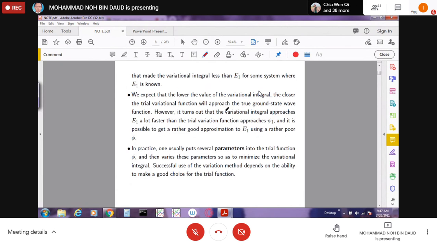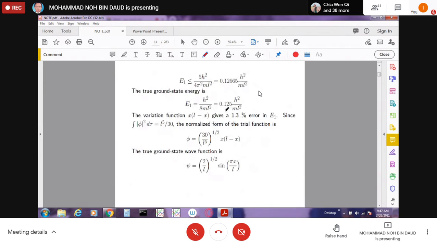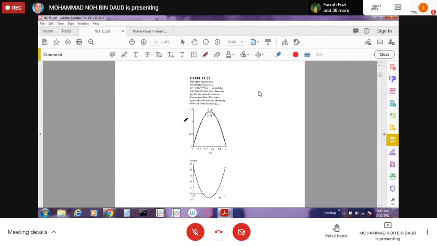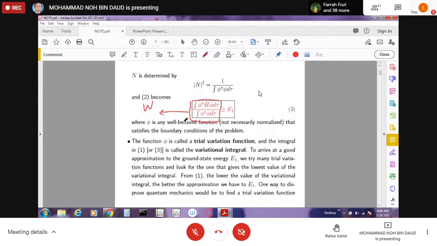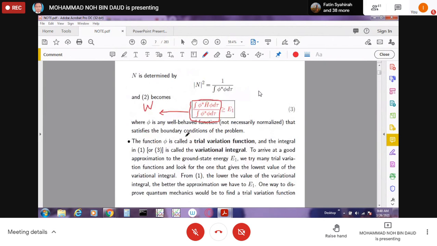So we have proof here, through this generalization of the trial function in terms of linear combinations of basis functions, having only one basis function, we can get back this formula.